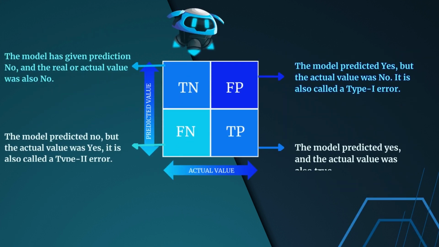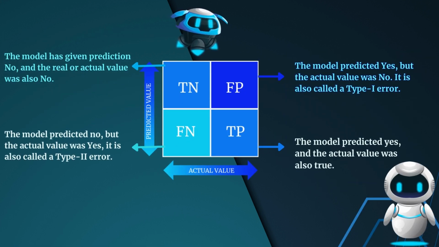TN stands for true negative, which means the model predicted no and the actual output is also no. In true positive, the model predicts yes and the actual value is also yes. So in true negative the actual value is negative and the predicted value is also negative, and in true positive the actual value is positive and the predicted value is also positive.